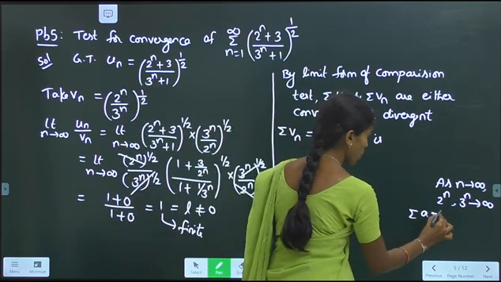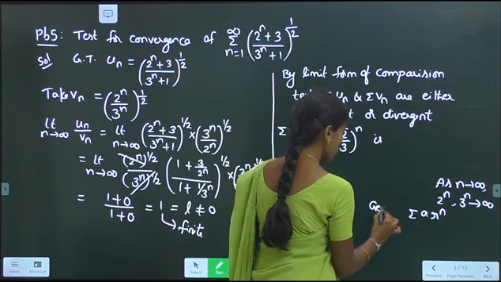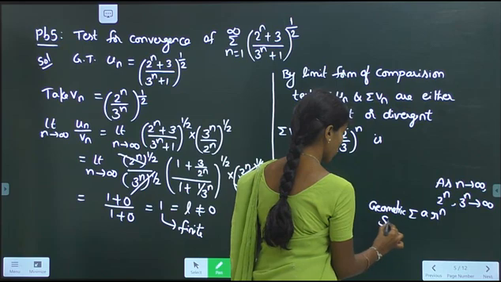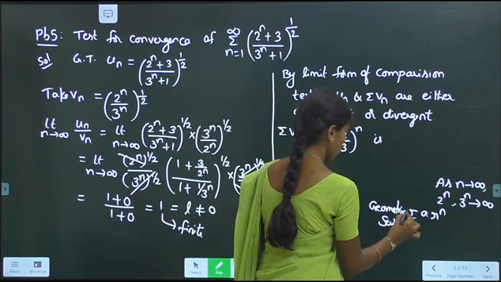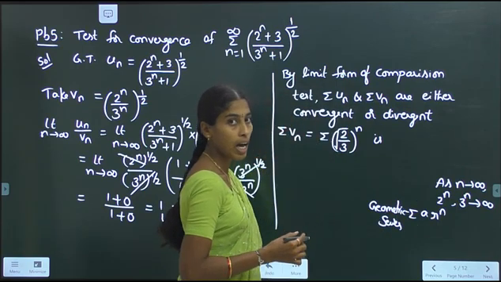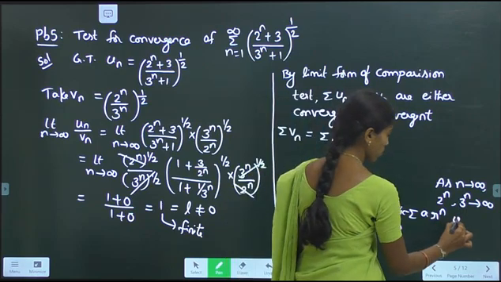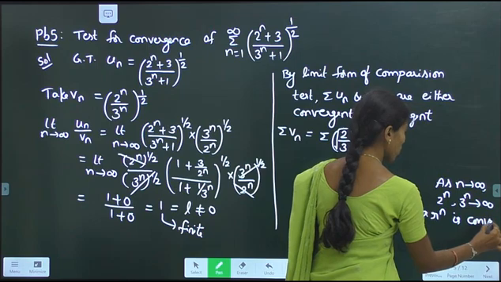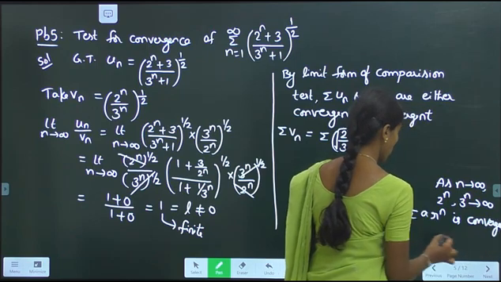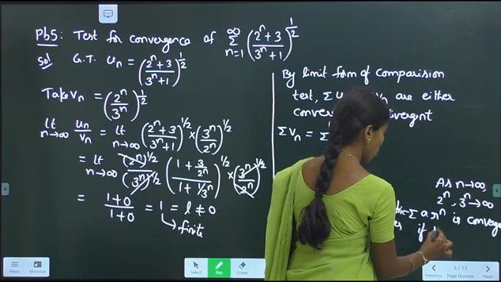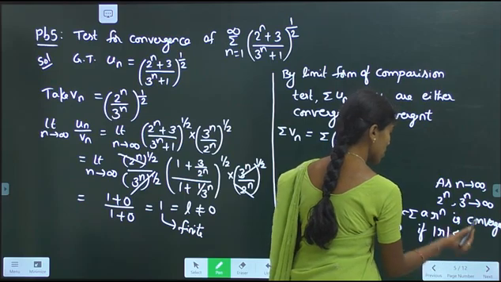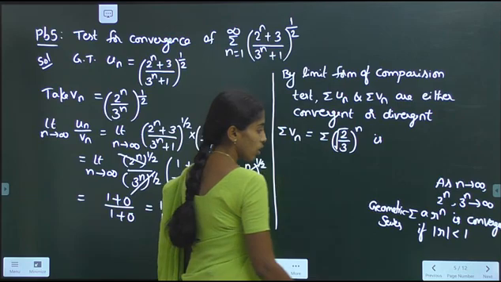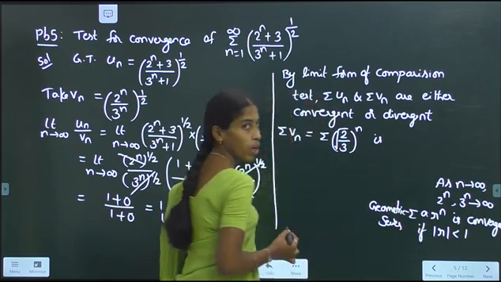Summation a r power n, we call it a geometric series. Sigma a r power n is convergent if modulus of r is less than 1. Otherwise, it is divergent. So here the a value is 1.